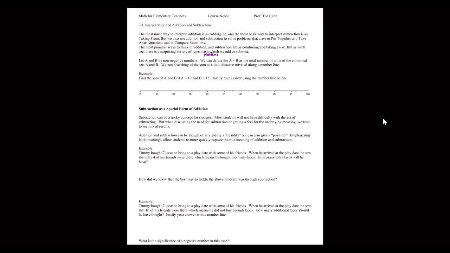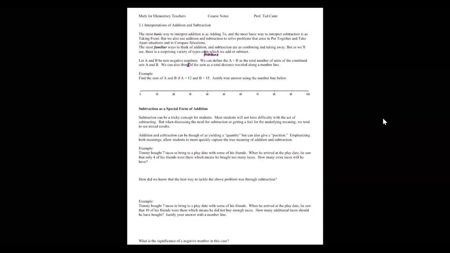So a quick example. Let A and B be non-negative numbers. We can define A plus B as the total number of units of the combined sets A and B. Good luck explaining that to a kid using those words. We could also think of the sum as the total distance traveled along a number line.